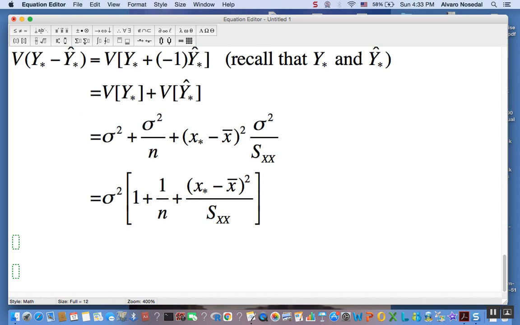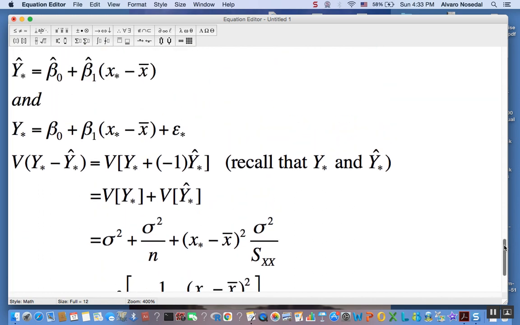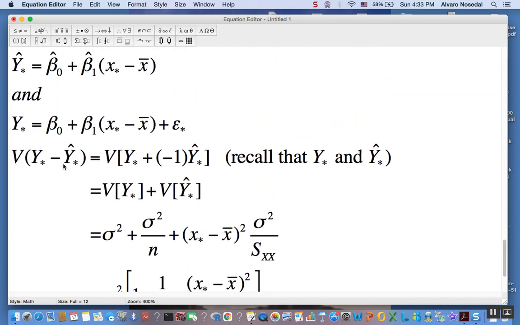So let's talk about the prediction error. Note that the prediction error is a linear combination of normally distributed random variables. So it turns out that y star minus y hat star has a normal distribution, just because of the assumptions that we made about the random fluctuations, about the epsilons.